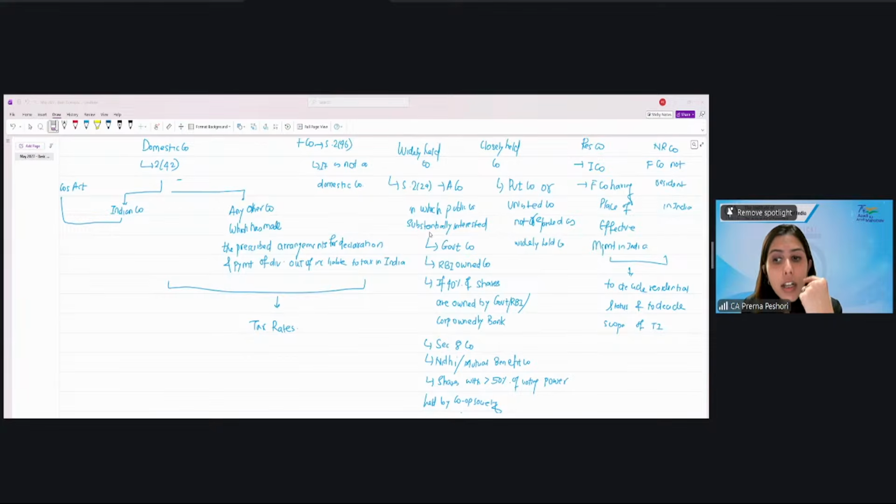So if, for example, I have earned income from the sale of an asset, it is a capital receipt. Ideally, it should not be taxable. But because the definition of income specifically provides for taxing the capital gain, it is considered as my income.